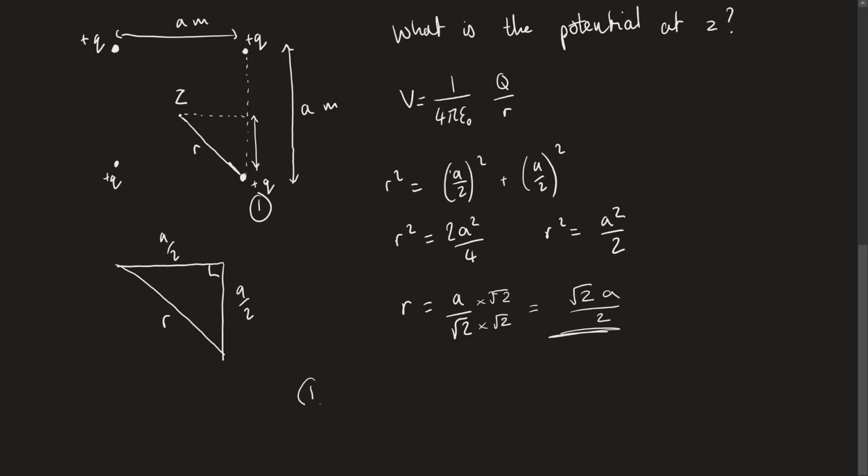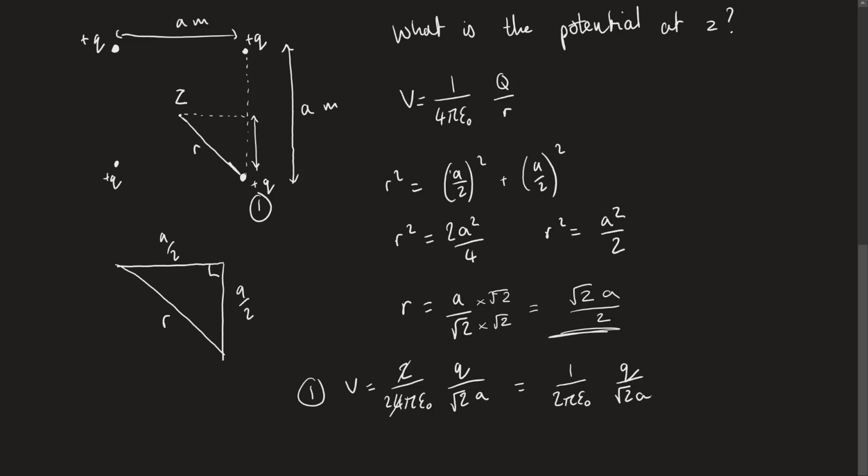So from the first charge, the potential at point Z is going to be 1 over 4 pi epsilon naught, q over root 2 times a divided by 2, but that 2 is going to come to the top. So I can simplify that to just 1 over 2 pi epsilon naught, by cancelling a 2 on top and bottom, times q over root 2 a.